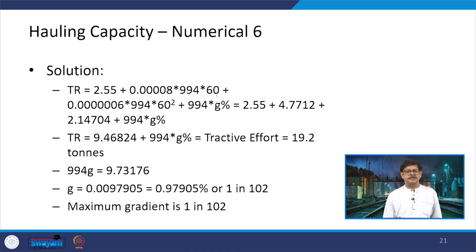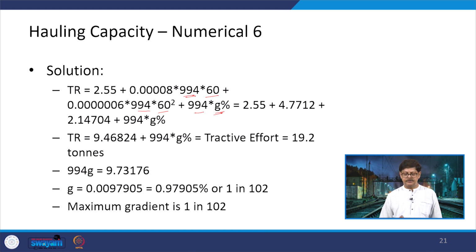Then for the rest of the terms we put in the values. It is 0.00008 into the weight we have calculated and the speed given. Then it is 0.0000006 into the weight and the speed squared, then weight into g percent, because this is what we have to find out.